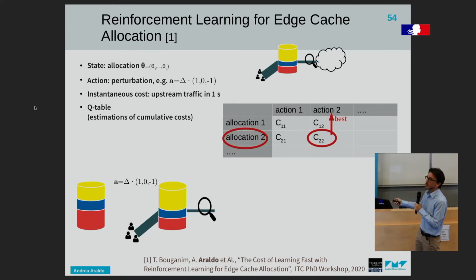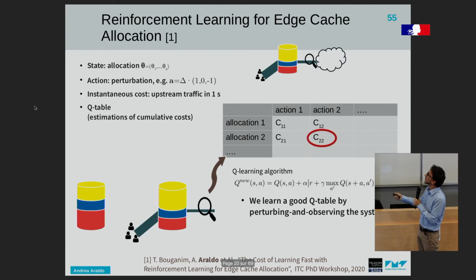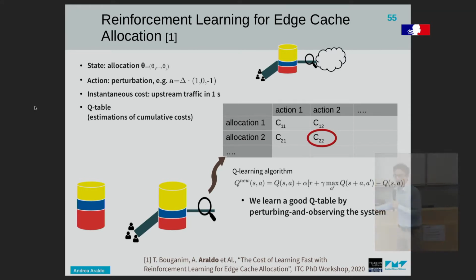and we measure again the upstream traffic. Based on this measurement, we update the Q table. And we do it over and over again. So we see here why our approach is data-driven, because it is based on a knowledge that we construct by measuring just the amount of traffic.